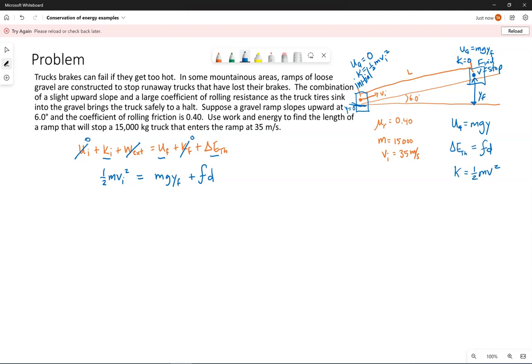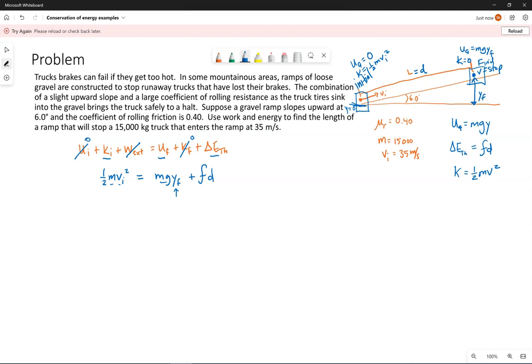Let's see, we know that initial speed. So we know mass, we know initial speed, we know mg. We do not know y final. It's okay. D is going to be the distance along the track, along the ramp. So I labeled it L originally. We can call that D or put L in our equation.